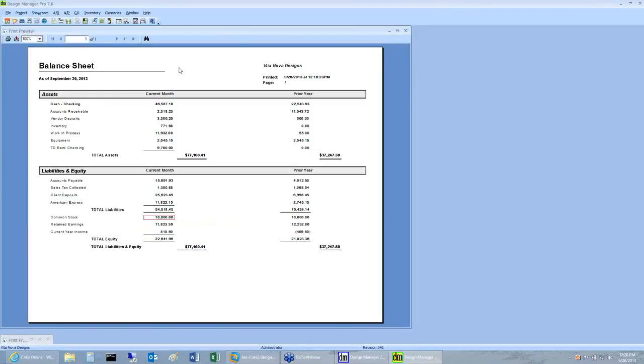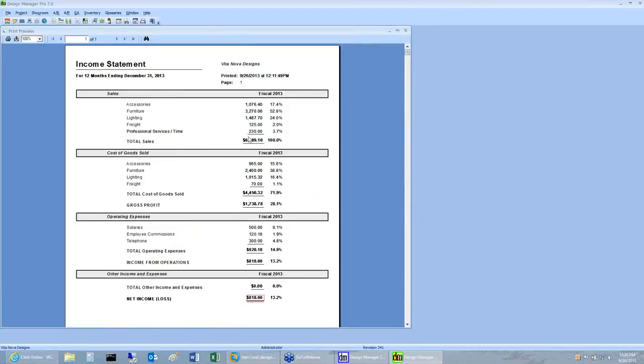What are the percentages on the income statement? Oh, yeah. On an income statement, it's traditional that there's always a percentage down the side. These are always related to a percentage of sales. So basically, 17% of our sales was accessories.